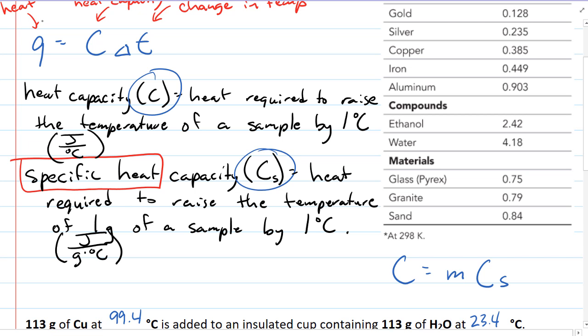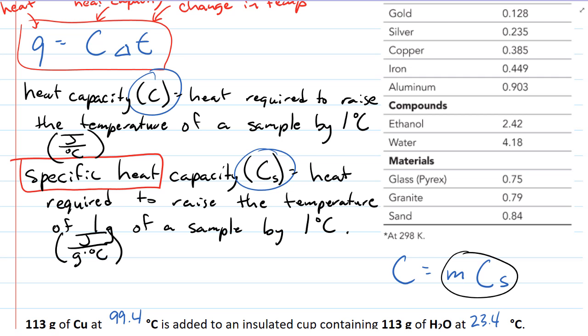If we take this original equation, Q is equal to C times delta T, we can plug in M times C sub S, and we wind up with an equation that says Q is equal to M times C sub S times delta T.